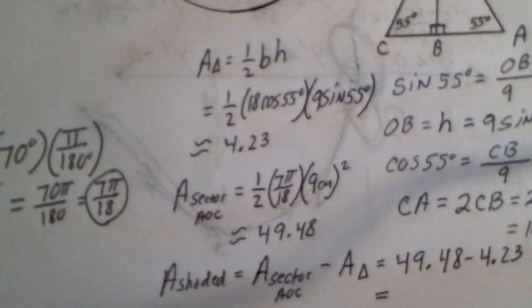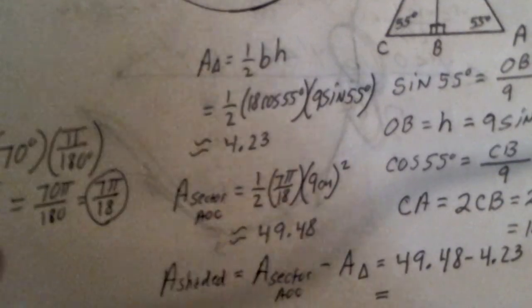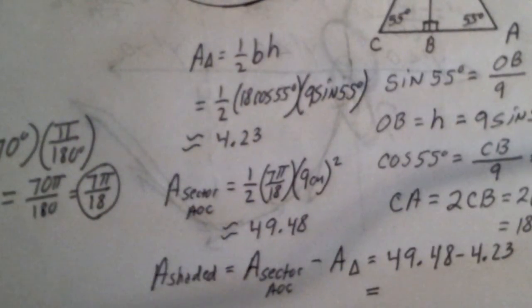So it's 0.5 times 18 times cosine of 55 times the sine of 55. And I'm getting like 4.23. Yeah, so therefore, I'm getting an area for the shaded region as being about 45.25.